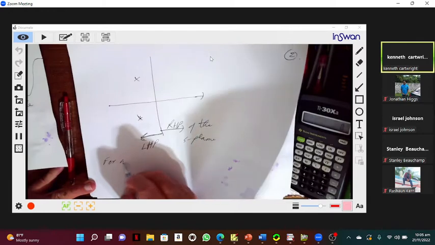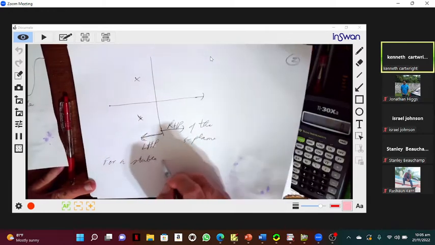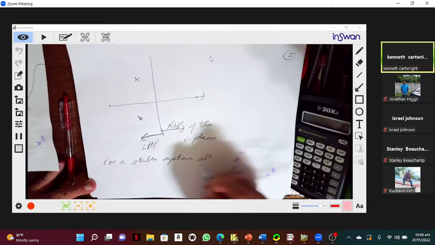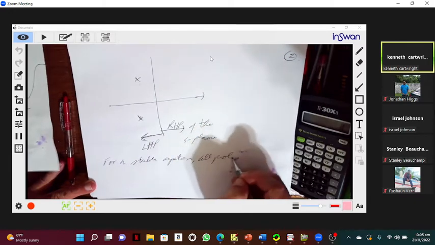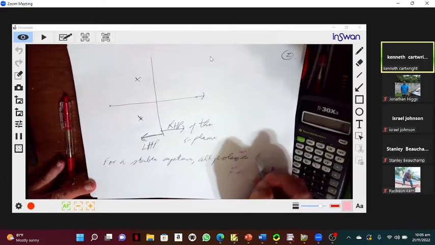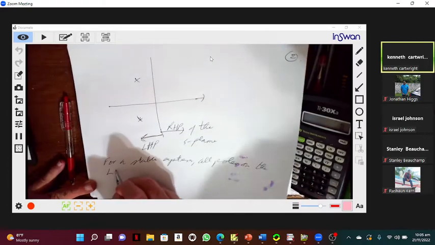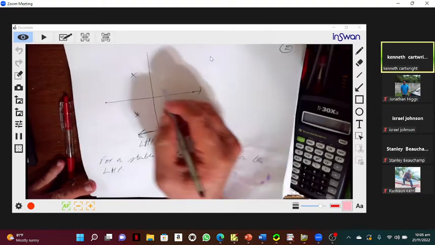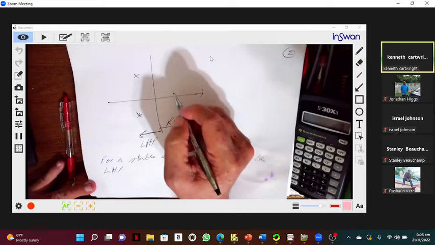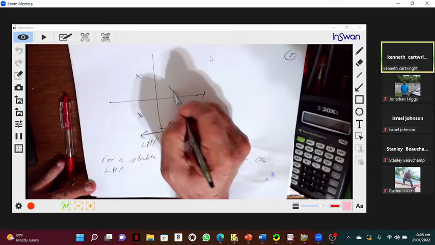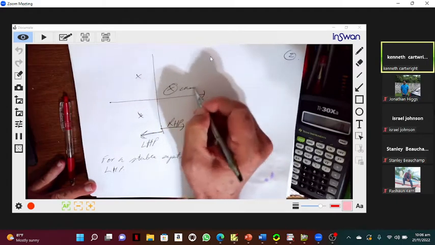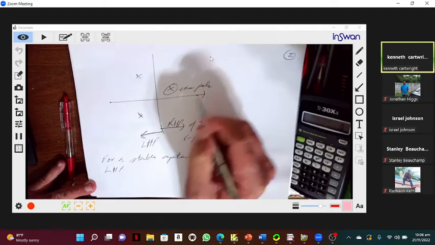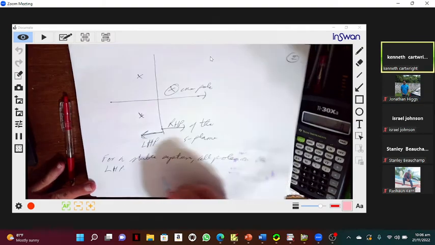So for a stable system, all poles on the left-hand plane. Conversely, even if we just have one pole on the right-hand plane, the system's unstable.